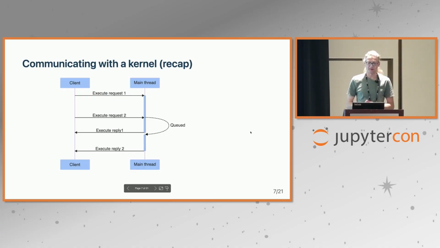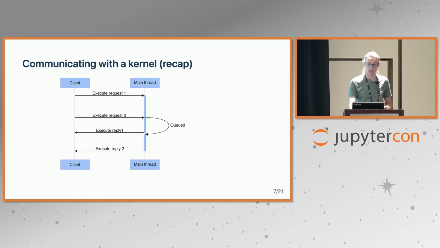Here's a little schematic of how we used to communicate with the kernel, before subshells. This is a UML sequence diagram, so time is going down the page. Left-hand side is the client. We can think of that as being you, as an individual user, or the client being JupyterLab. Right-hand side is the main thread of the kernel.